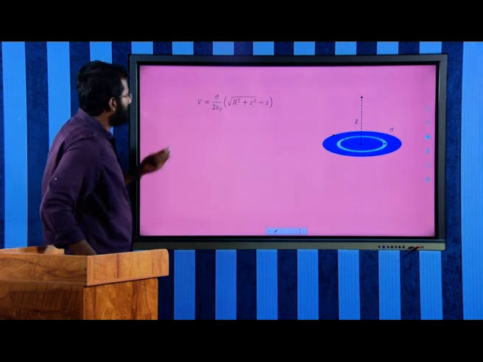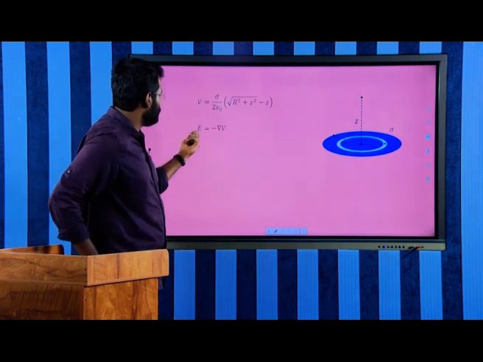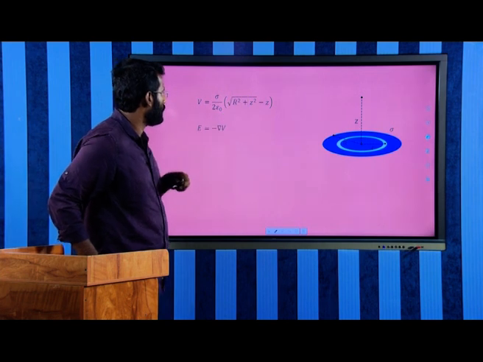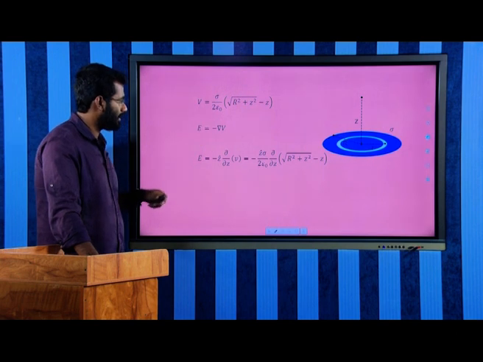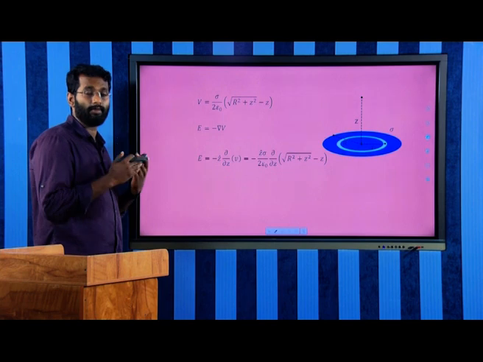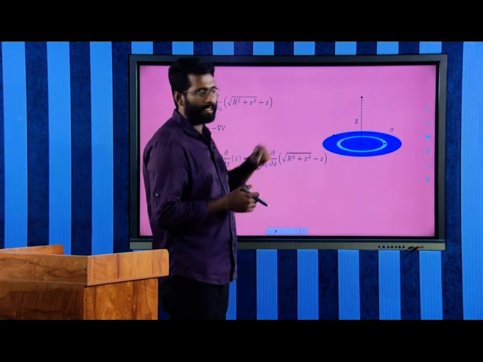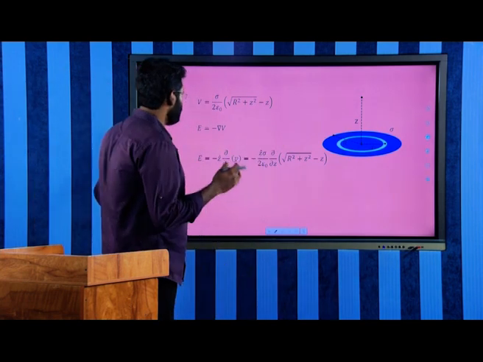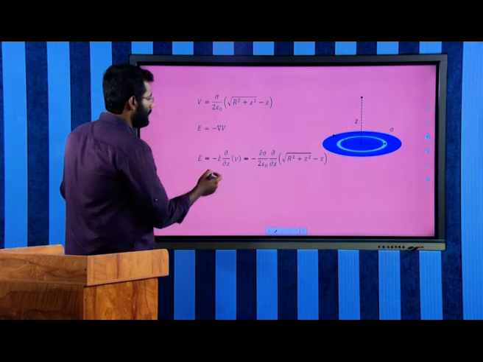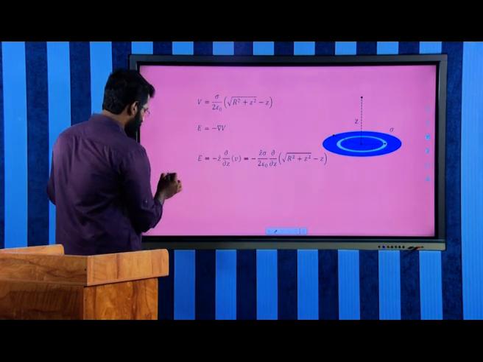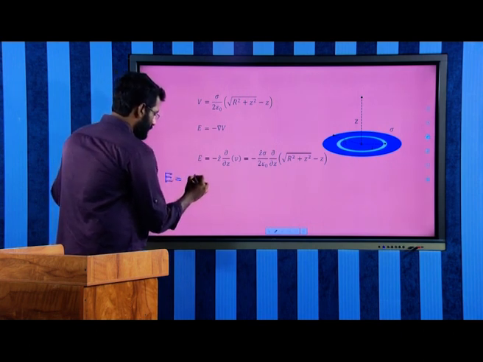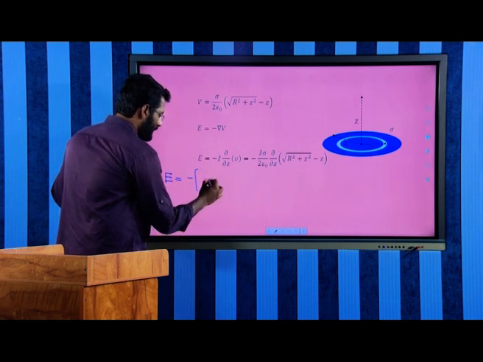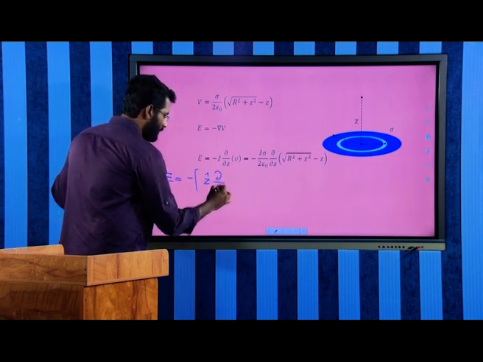So, let us see, V is equal to sigma by 2 epsilon 0 root of r square plus z square minus z. Now, if we calculate minus del V here, for calculating minus del V we would actually use the cylindrical coordinate system, but instead of that we are using Cartesian, even though it is not a problem, because we have to calculate E is equal to minus del V. We use minus z cap into dou by dou z.